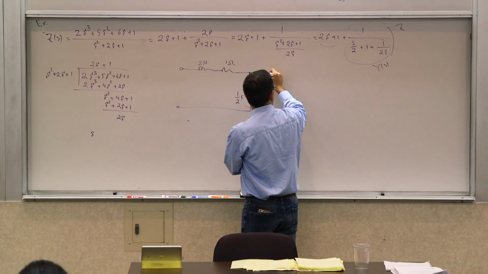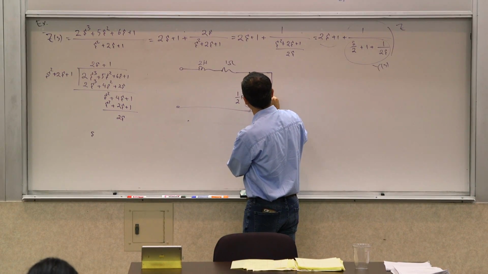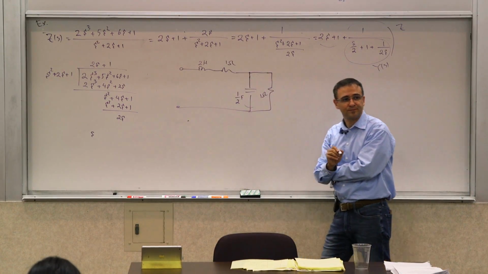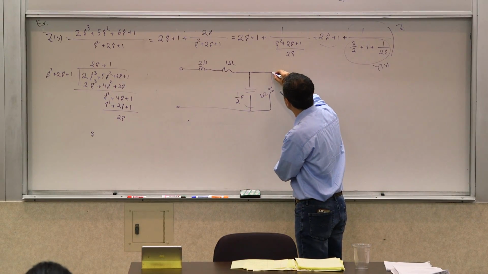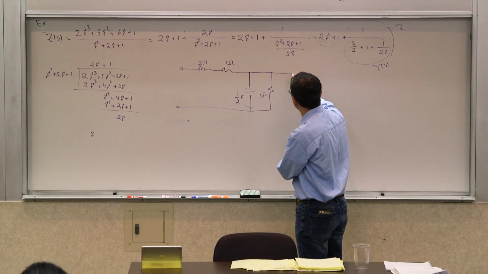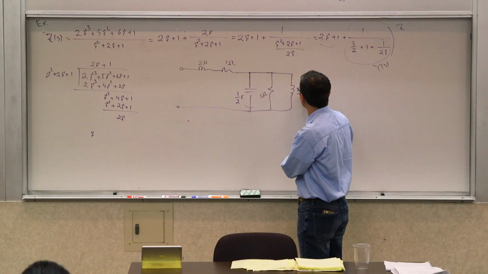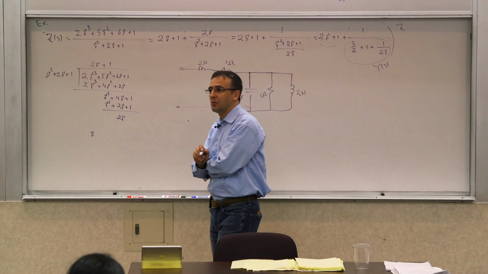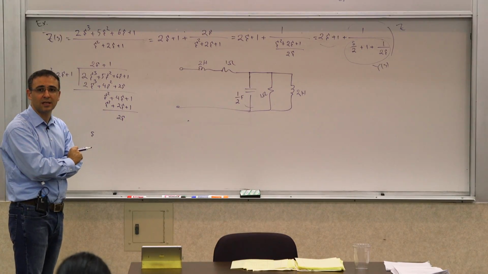So what is the next element? A 1 ohm or 1 Siemens resistor. And what's the last element in the admittance that's also in parallel? A 2 Henry inductor, right? So this is the network that generates that particular thing.